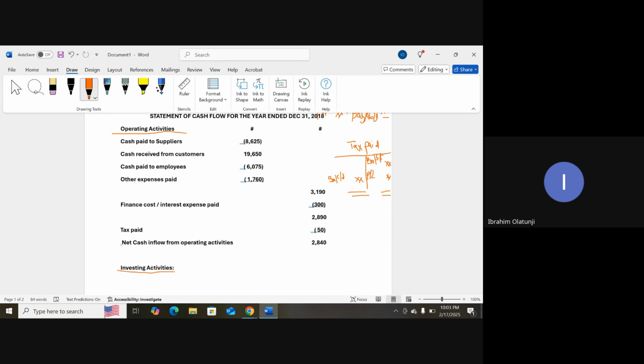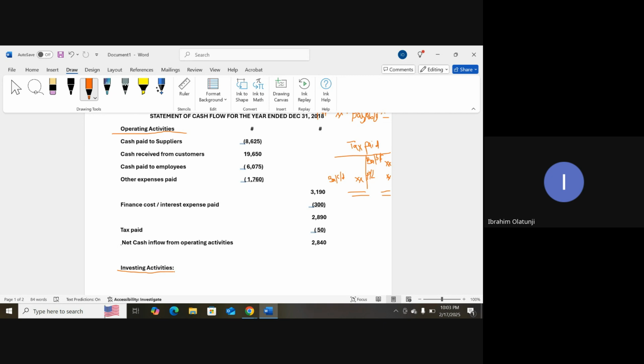Not only that, under the group cash flow, as a parent company, you can also acquire a subsidiary. You also invest your money. Are we together? If you acquire a subsidiary by way of maybe you buy shares, you invest your money. If you buy assets, you invest your money. Do you get my point now?